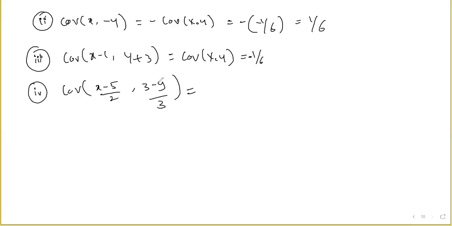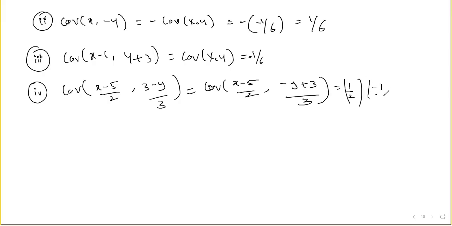Why means here this is minus. This is equal to, now finding, covariance of x minus 5 by 2 comma minus y plus 3 by 3, right? So here what we have, a is 1 by 2, just to neglect whatever the plus or minus. So this is equal to 1 by 2 into minus 1 by 3 into covariance of x comma y.